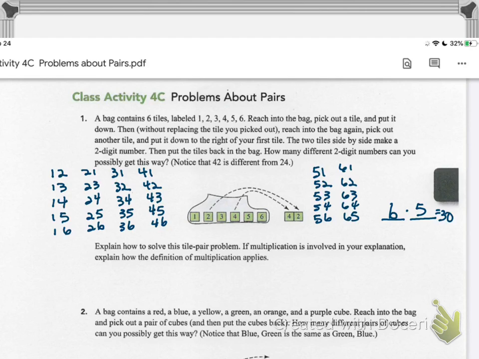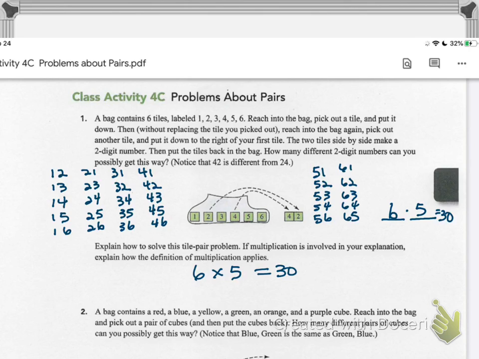Then I have the shortcut line method that also is very helpful. Okay, so in terms of how the definition of multiplication applies, I have 1, 2, 3, 4, 5, 6 columns with 5 numbers in each column. So 6 and 5 are factors, and 30 is the multiple. Okay, so that's how that applies.